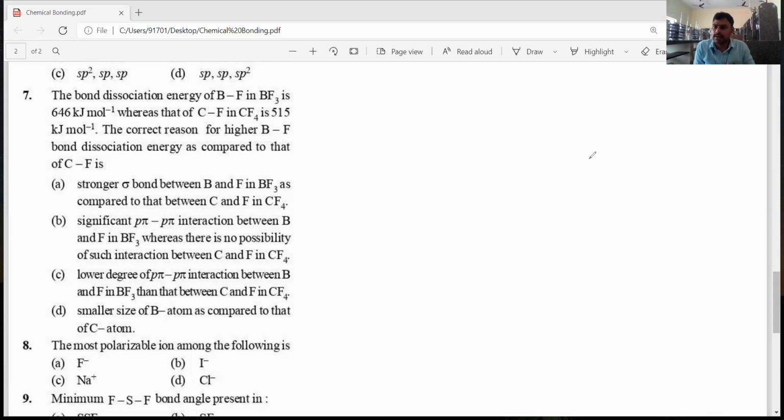The reason is that the boron trihalides are involved in back bonding. Due to that back bonding between the boron atom and fluorine atom, a partial double bond character forms, meaning significant pi bond character will be present. Automatically the bond dissociation energy will be more. Okay, students, the seventh question is, for example, BF3.